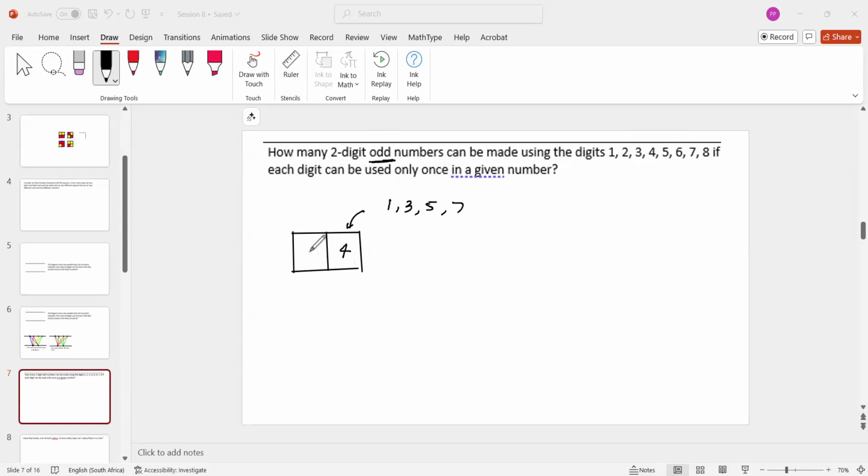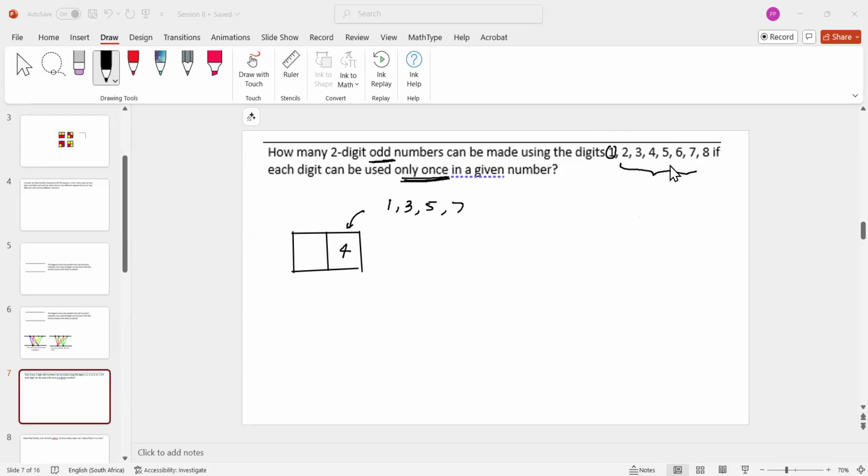Here, there's no restriction. You can put an odd number or an even number, but each digit must be used only once in the given number. So if I choose one of these odd numbers, say 1, I'm not allowed to choose 1 again. In other words, the second choice can come from only 7 numbers.